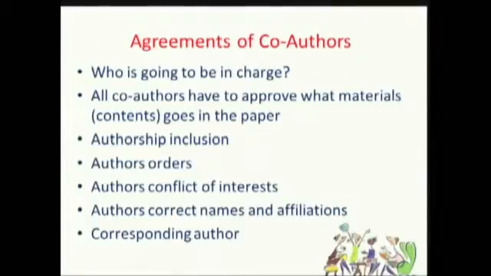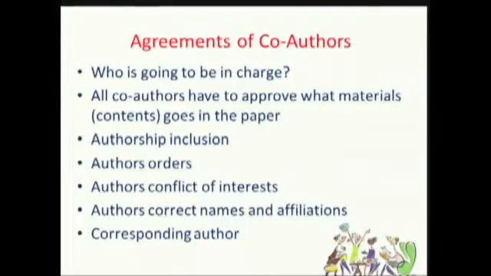So there should be an agreement between the co-authors before, because you don't want problems at the end of the paper. And there was a famous story that happened at one of the hospitals here, where a guy was collaborating with a group in the US, and then there was a disagreement regarding scientific contents and all of that.